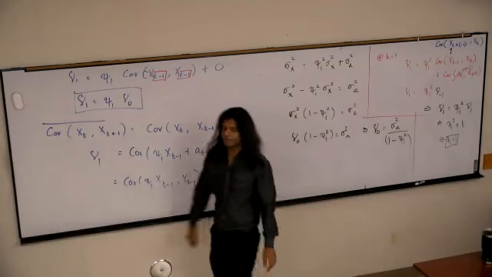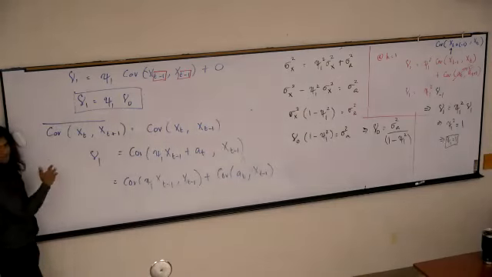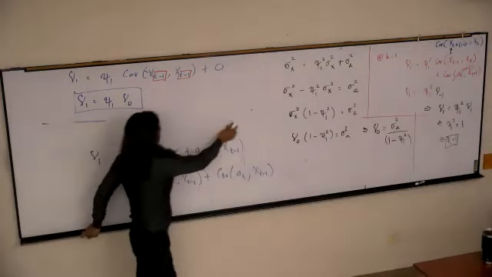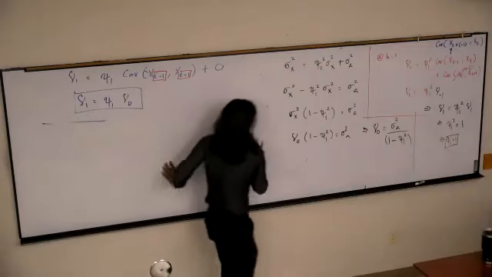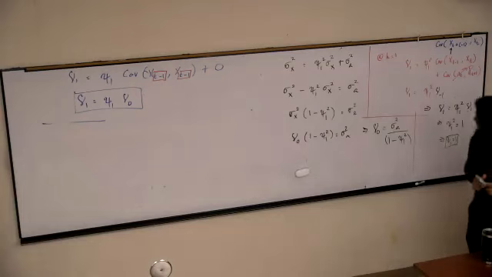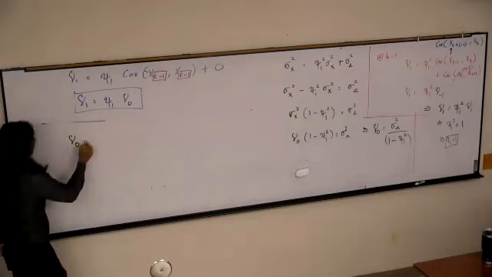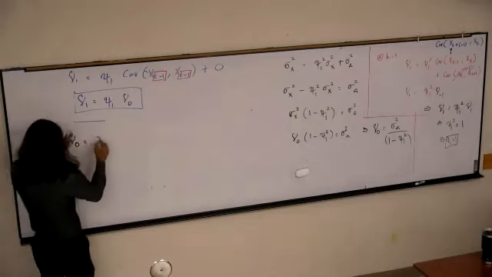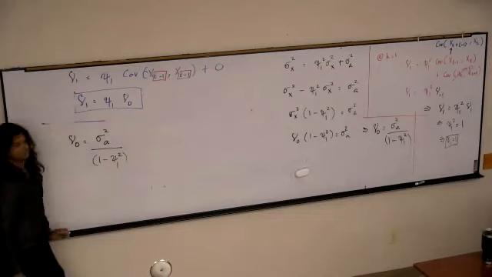Great and all, you might wonder, why did we do all this? Gamma sub 0, we end up getting sigma squared A divided by 1 minus psi 1 squared. One expression.